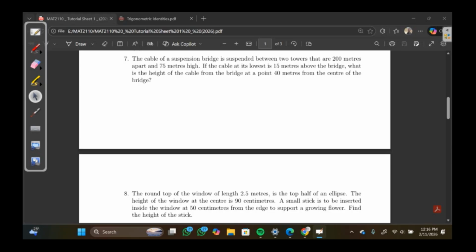So this question is just a matter of understanding. If we're able to sketch this, it actually makes a lot of sense. So let's try to have a sketch of this. Let's say we have this base here as the bridge itself. Okay, something like that.